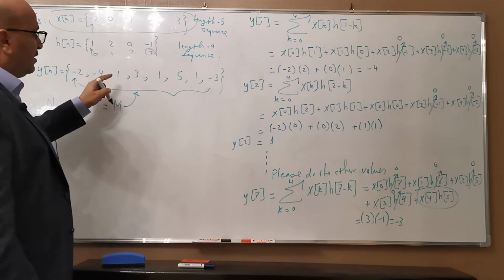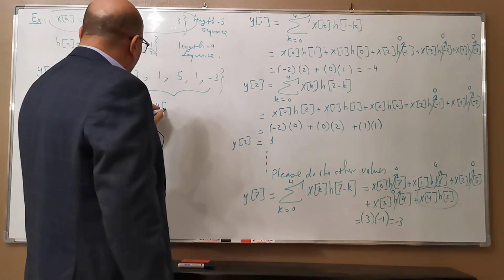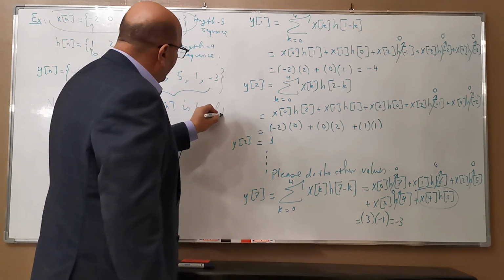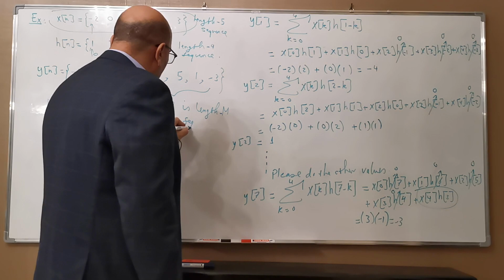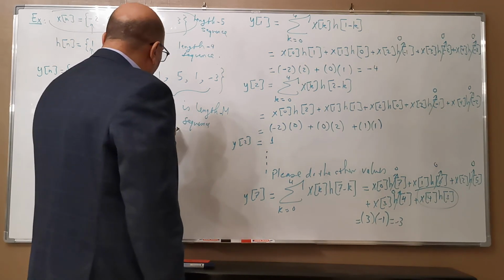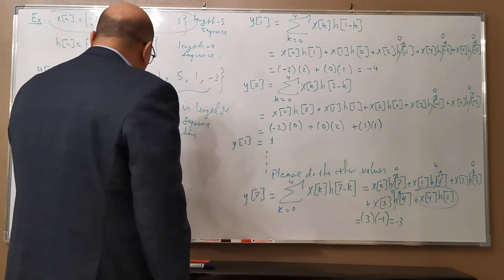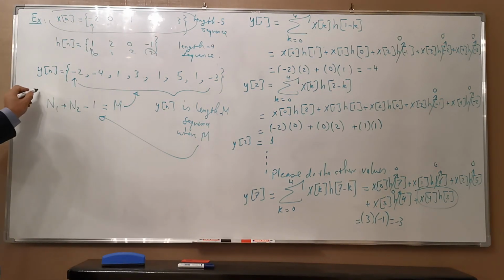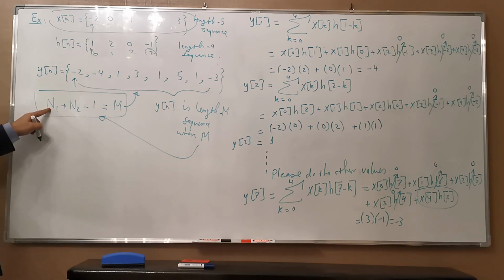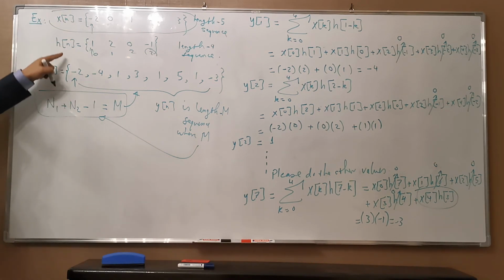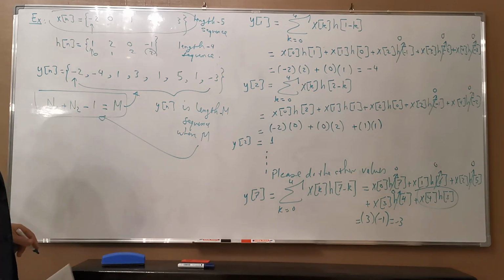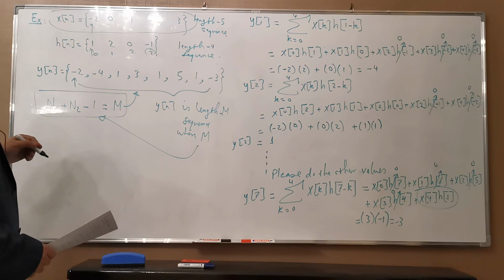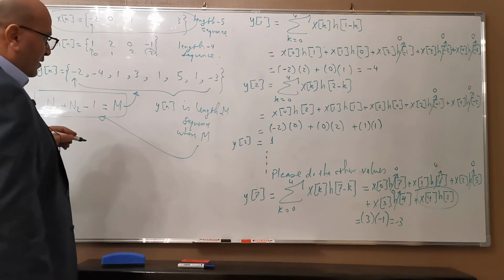So y of n is a length m sequence, where m is equal to this formula. The length of the first x of n plus the length of h of n minus 1 is equal to the length. Okay. One more item, I will talk about it in a while.